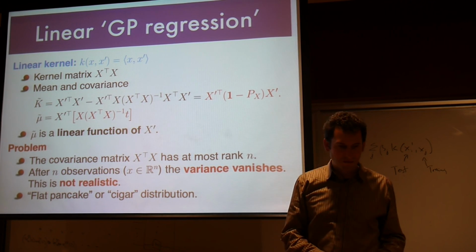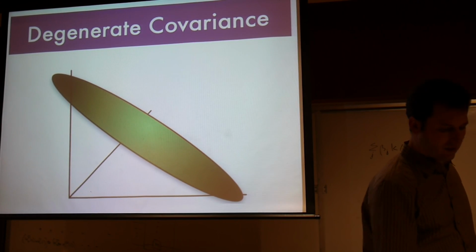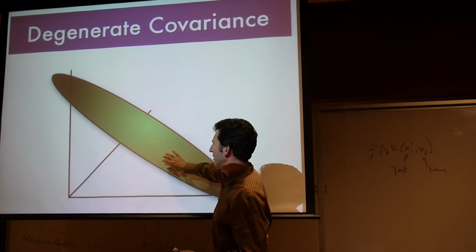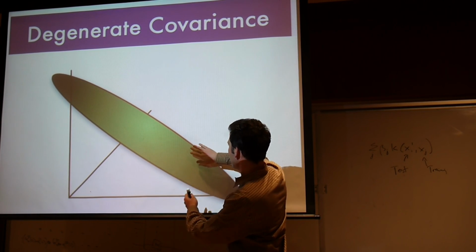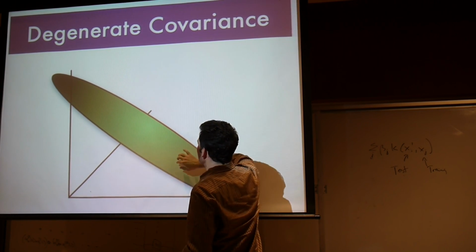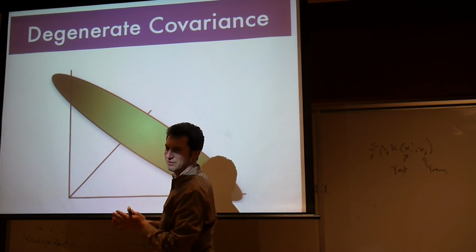In high dimensions, that's what it looks like. So let's say in 3 dimensions, this is essentially a disk. You have one direction of significant variance, a second direction of less variance, and the third direction is just completely flat.